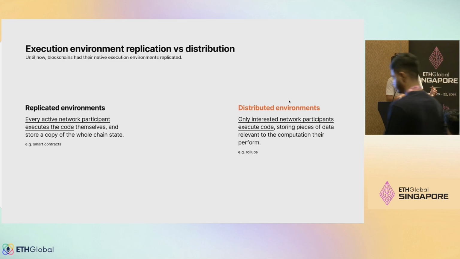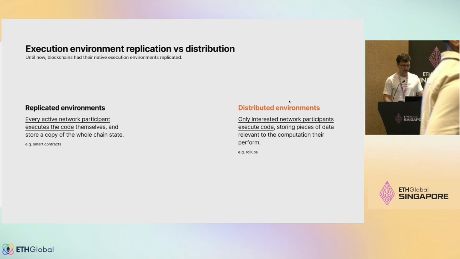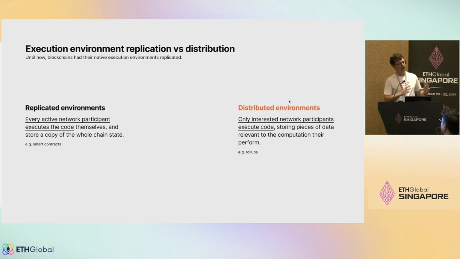The step we can think of here is going from a monolithic layer one blockchain to rollups, where only interested participants verify only the things they're interested in and still be sure that everything is valid.